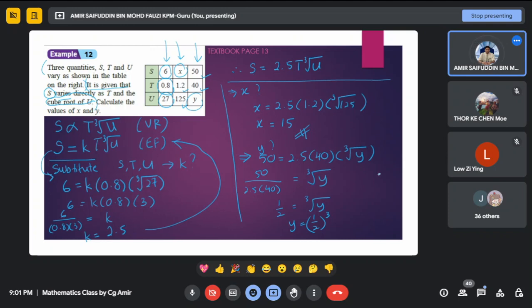So y is equal to 1 over 8. Or if you want to write it in decimal, 1 over 8 is 0.125. So this is the value for y. You can screenshot the answer.